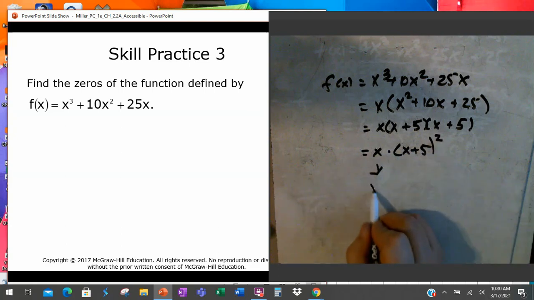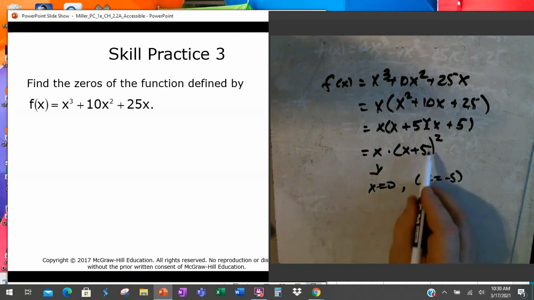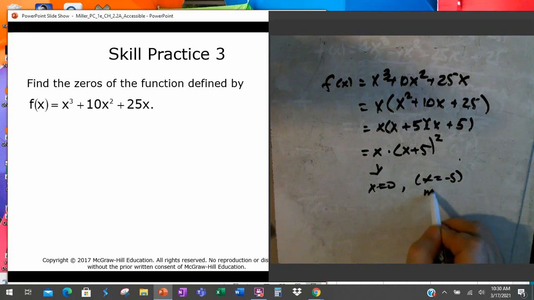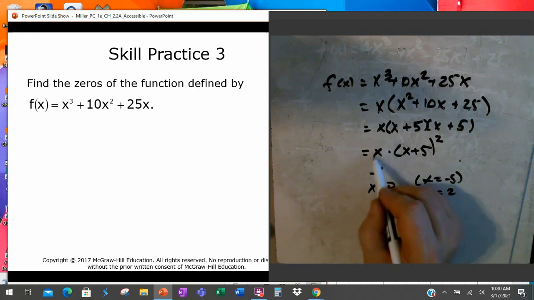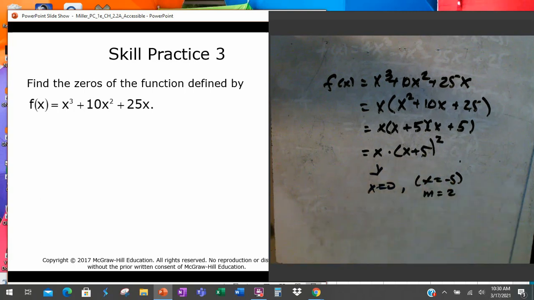So x is equal to 0 at x equal to 0, and that's one of my zeros. x equal to negative 5, x plus 5 is equal to 0, and this is a multiplicity of 2. So when I drew the graph, this would go straight through, and this would just touch the x-axis.